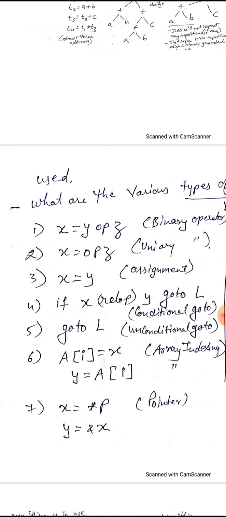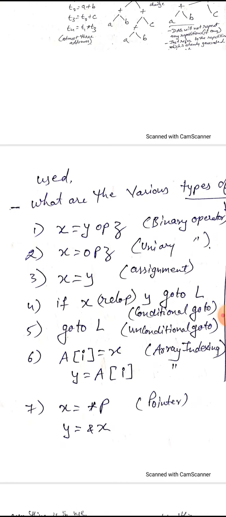When we want to convert to 3 address code, whatever high level language is there, we have these 7 types of instructions available. Whatever is available in the language will be converted to any one of these 7 representations.